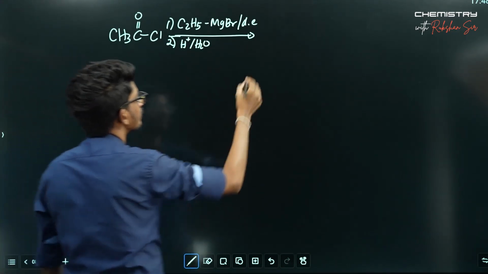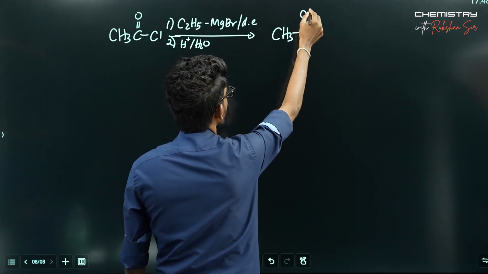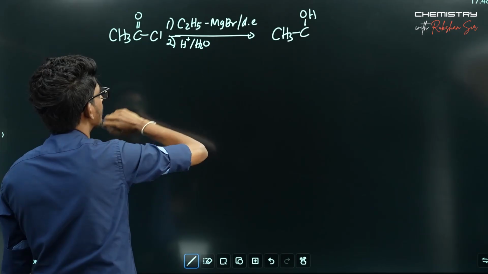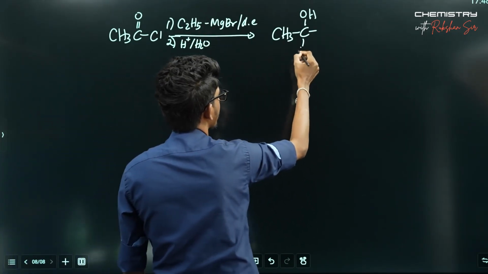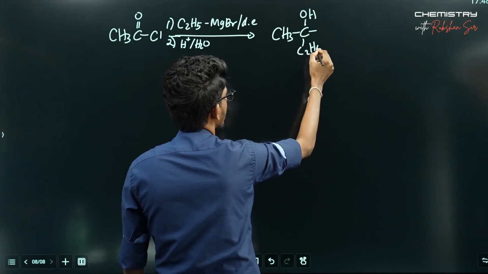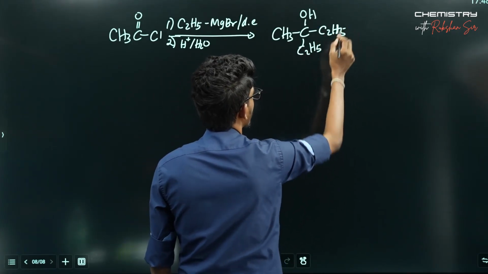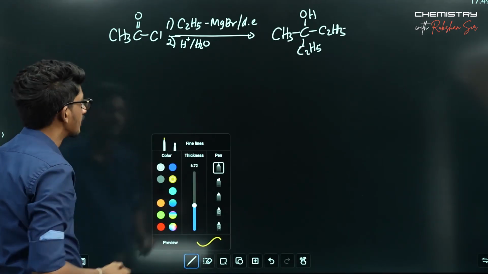So what will be the product first of all? Now we know how to write the product. So we will get an alcohol, and as this one is a good leaving group, that also leaves, and instead of the other two bonds, the R group of the Grignard will connect. So tertiary alcohols with 2 R groups coming from the Grignard. Product is clear. Let's try to come up with the mechanism here.